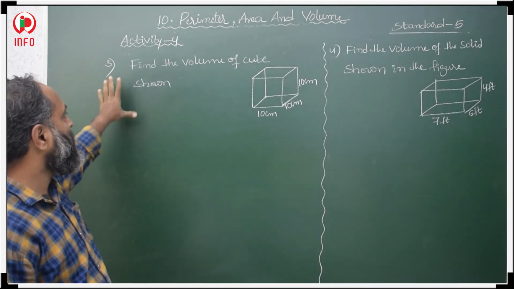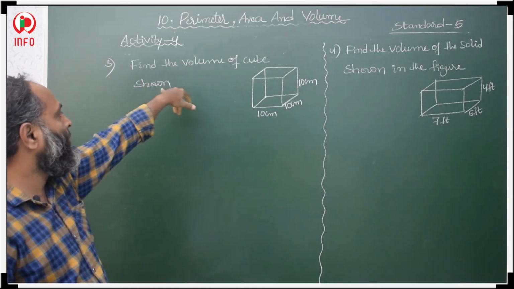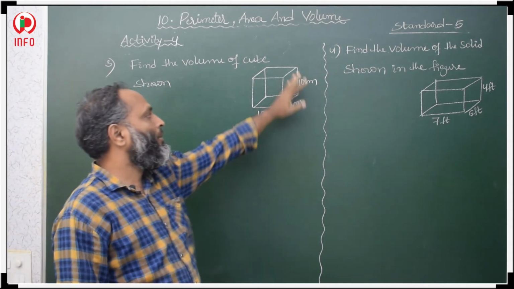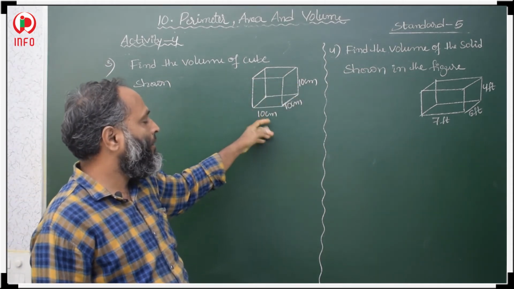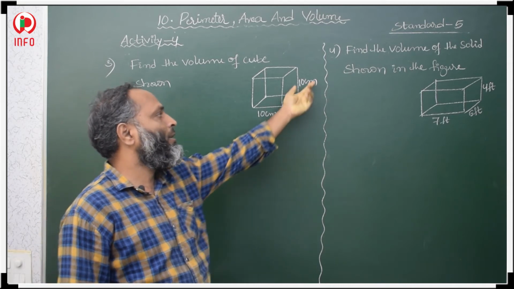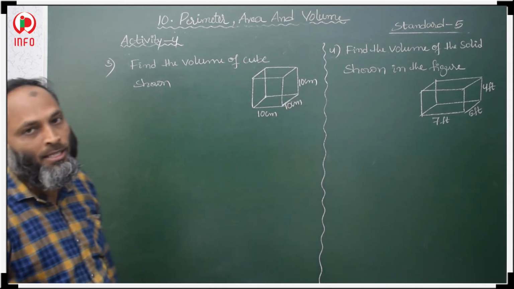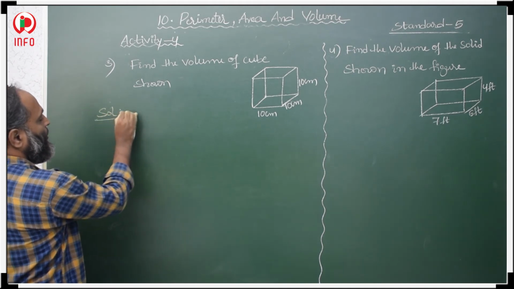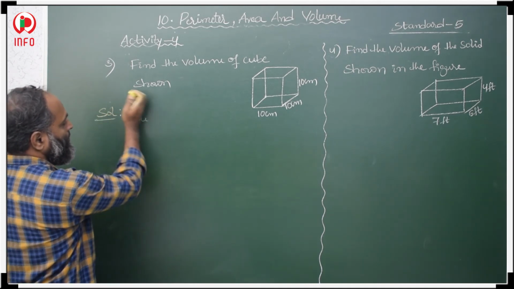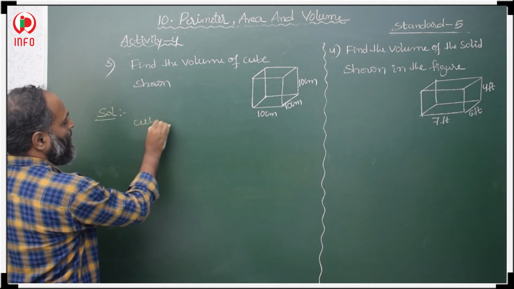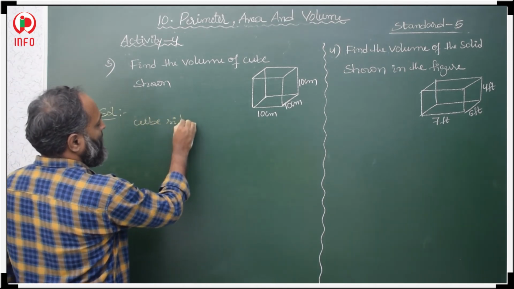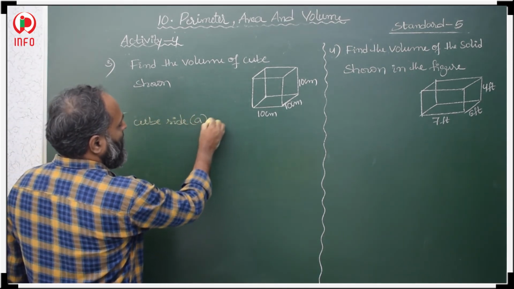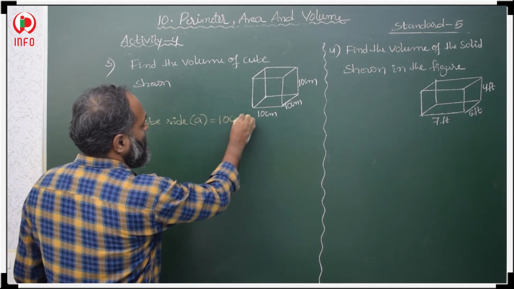Now students, next question: find the volume of the cube shown. So this is a cube given. Here the side is 10 centimeters, 10 centimeters and 10 centimeters. Side is 10 centimeters. So then we have to find the volume. So for the cube, side A is equal to 10 centimeters.